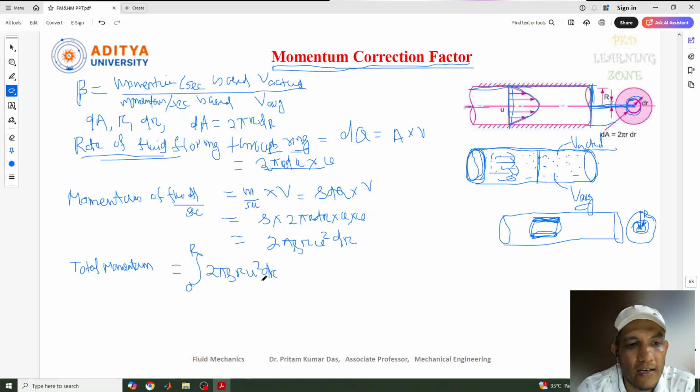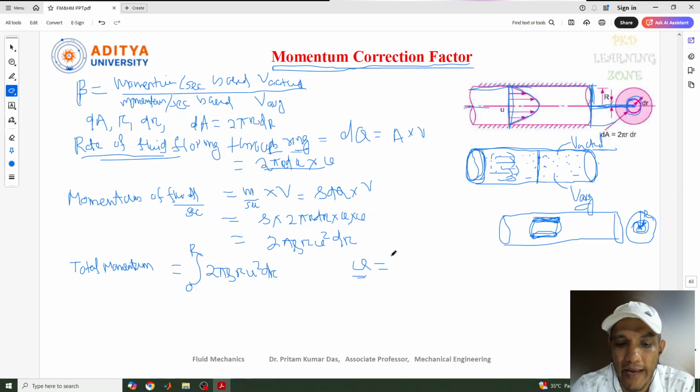Now the twist point here is that we need to take the value of u. This u is the actual velocity when the viscous fluid is flowing through a circular pipe or circular tube.